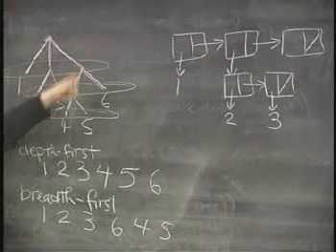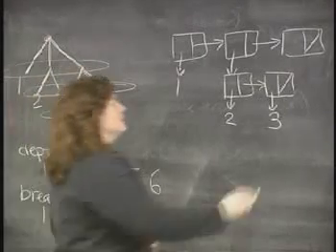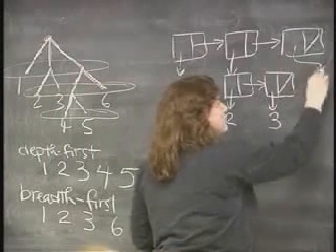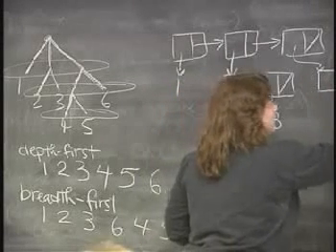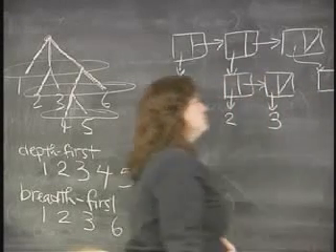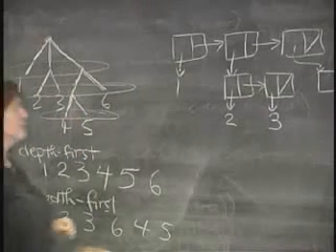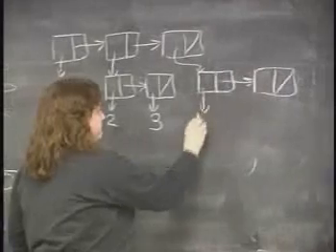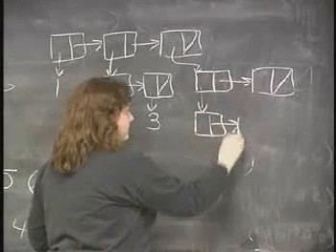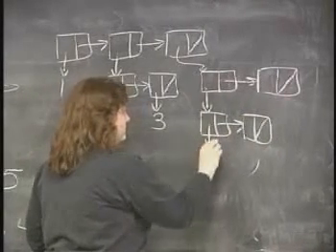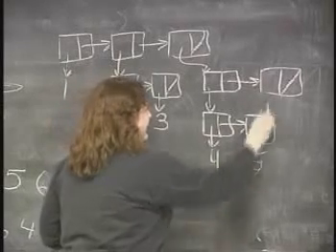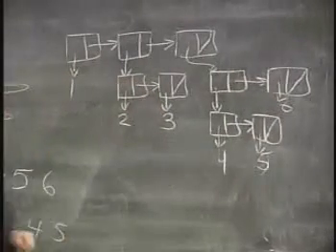And then the third element, well, that's a list of 2 elements. And that list of 2 elements has, as its first element, another list of 2 elements. And then the 6 over here.